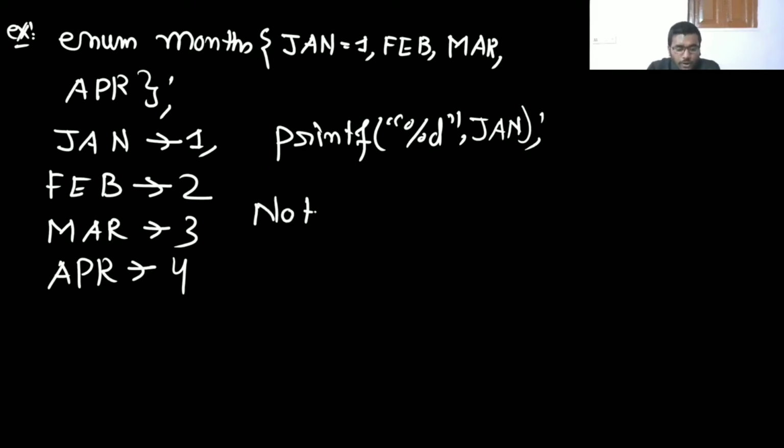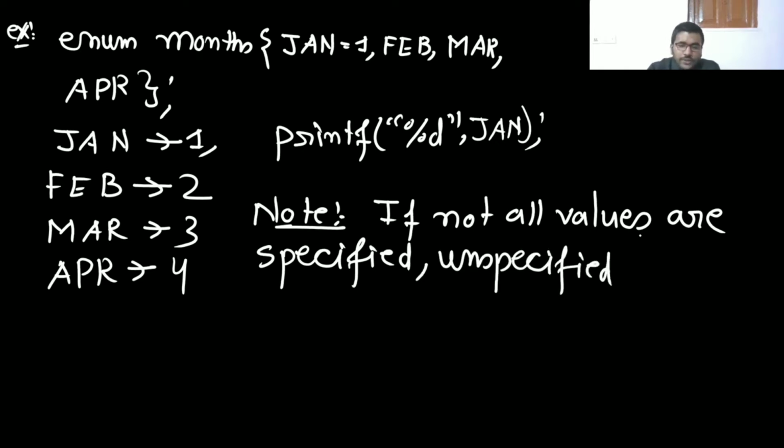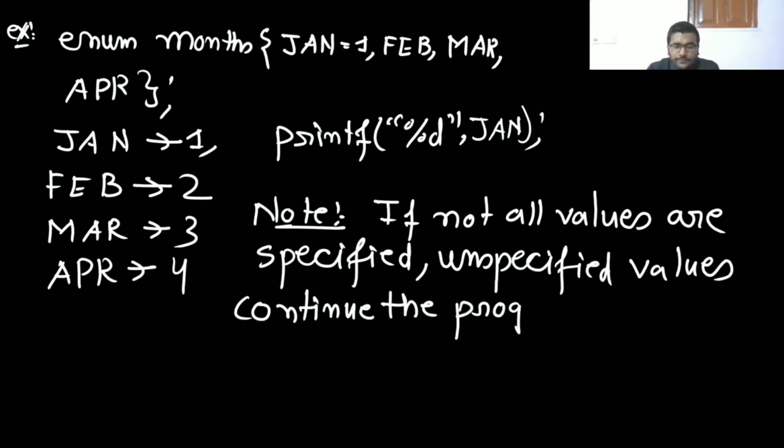What I mean here is that if not all values are specified, then the unspecified values continue the progression from the last specified value.